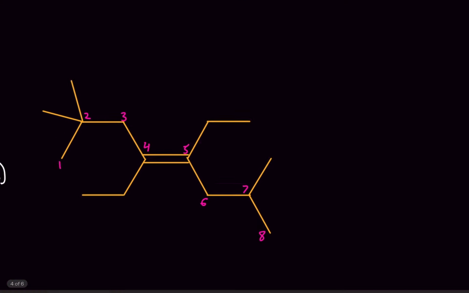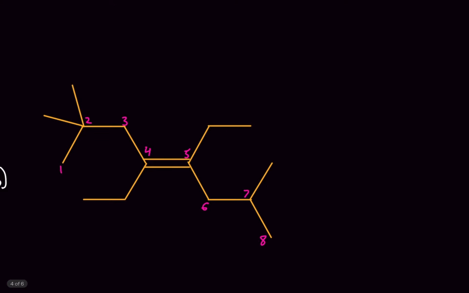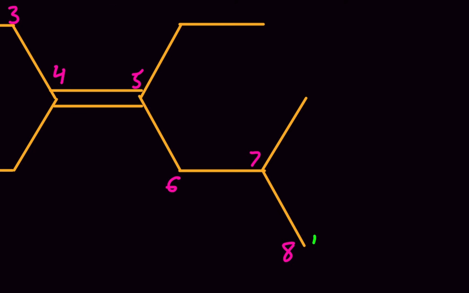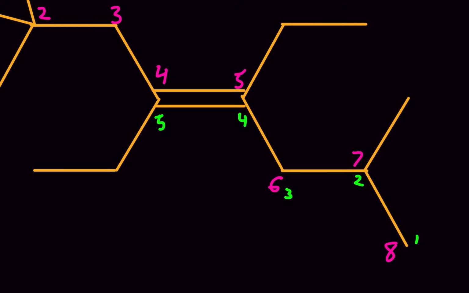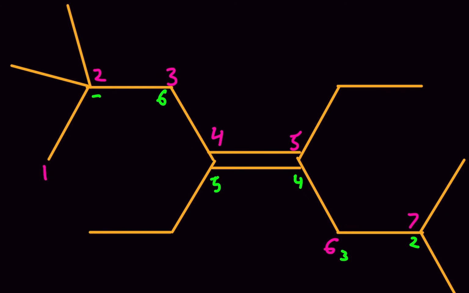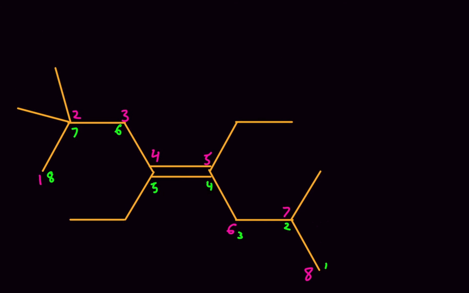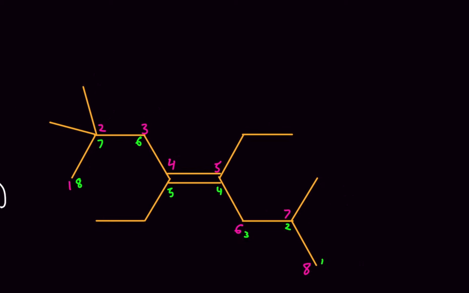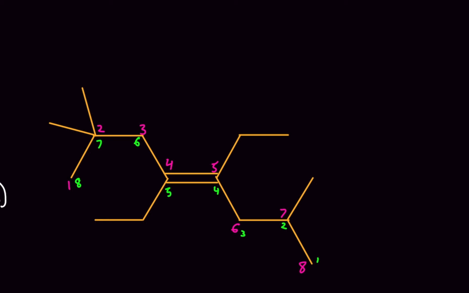Here's a good question. Can I name it going the other way? Say if I go 1, 2, 3, 4, 5, 6, 7, 8. Well, you'll notice that the alkene is on carbon 4 either way, so it's at the low end both ways. But there is a problem. What is the problem? Why can I not go that way?